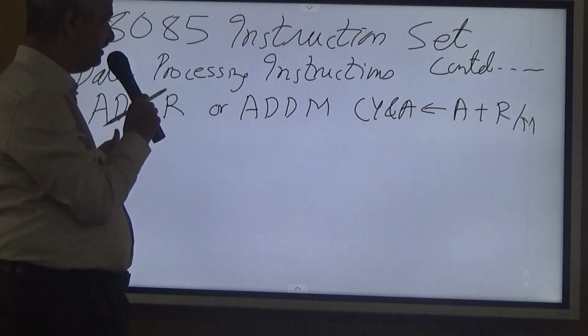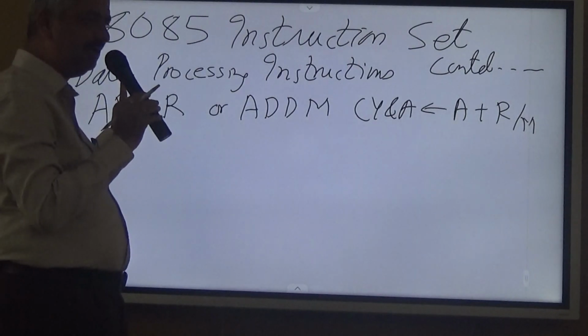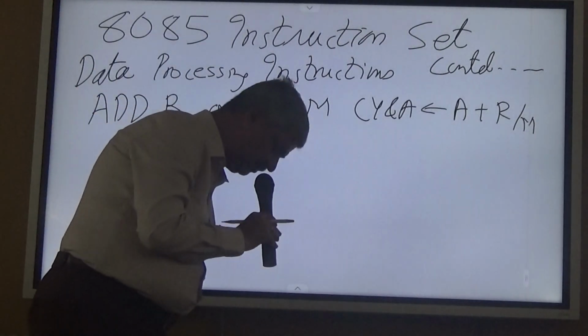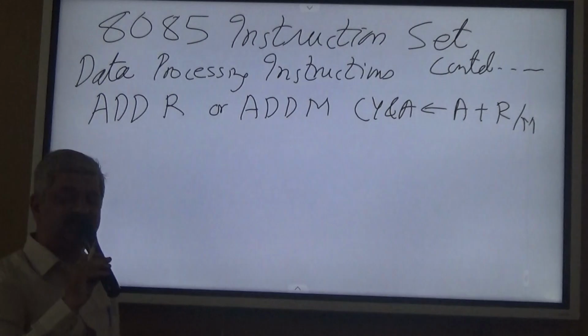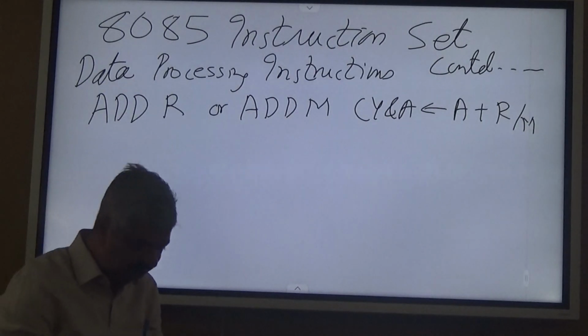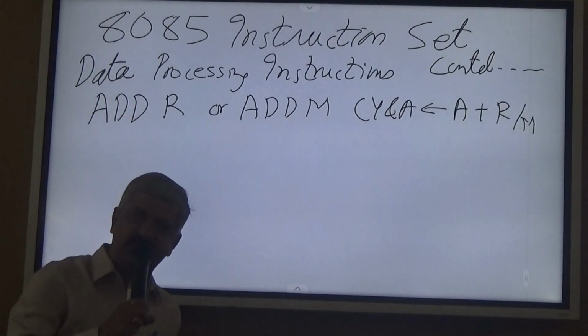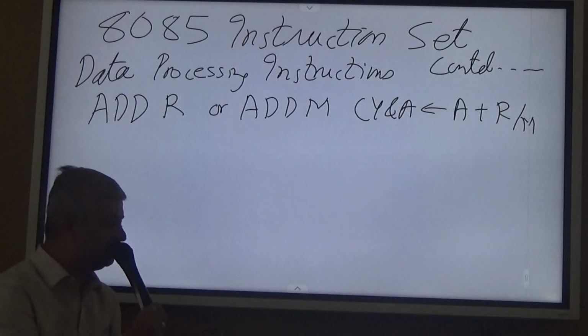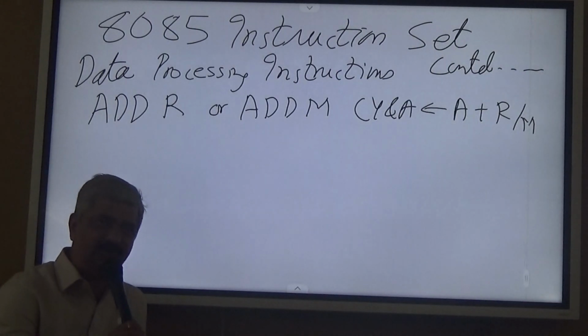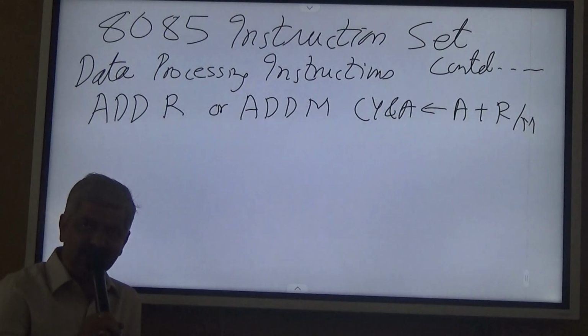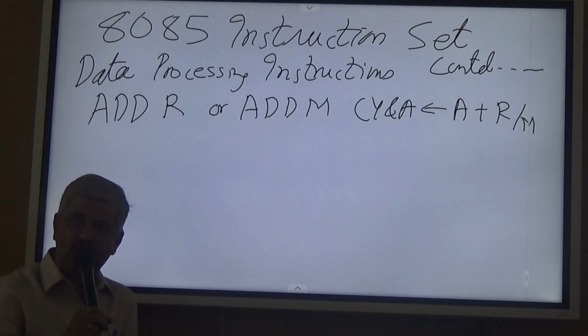So ADD R instruction is an 8-bit addition instruction. Addition instruction requires two source operands and one destination operand. 8085 being a very early generation processor, the flexibility which is offered for performing addition by the instruction set of 8085 is not much.